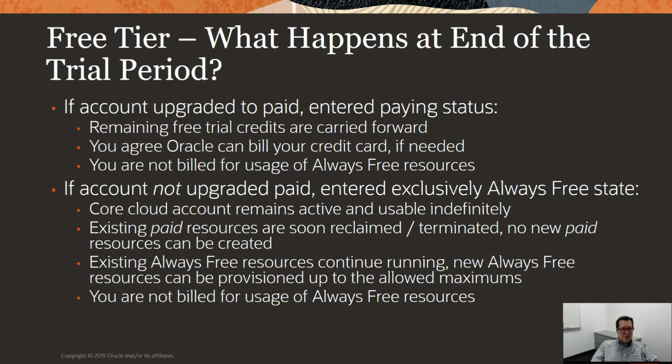So that's a little more detail on these state transitions and what exactly occurs as your cloud account goes from state to state. It's pretty logical stuff if you sit down and think it through. I don't think we're doing anything terribly surprising here, but just so you have all the details, this is what's going on behind the scenes.